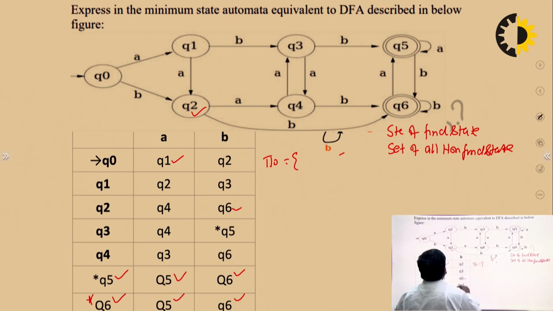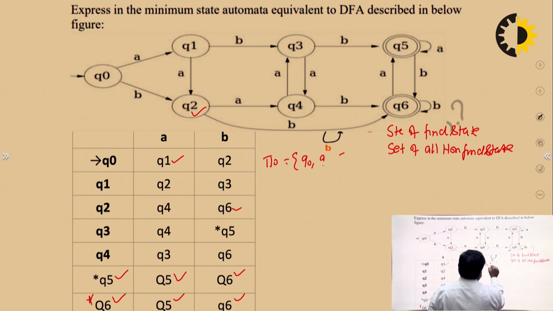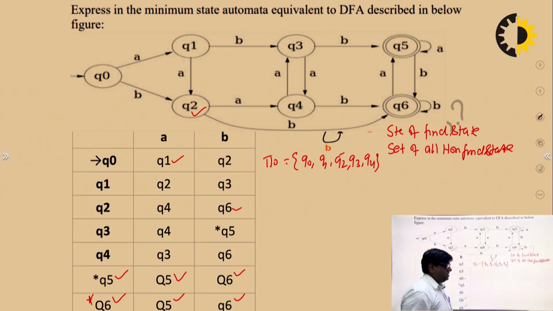Now what are the non-final states? This one, this one, this one, this one, this one. It means Q0, Q1, Q2, Q3 and Q4. These are all the non-final states.